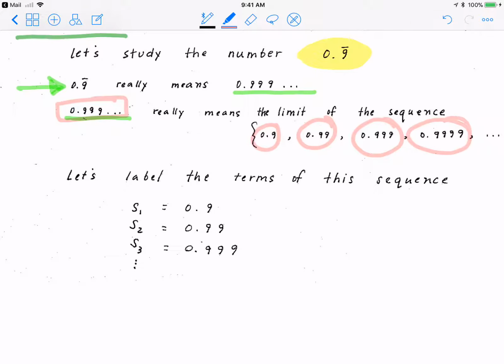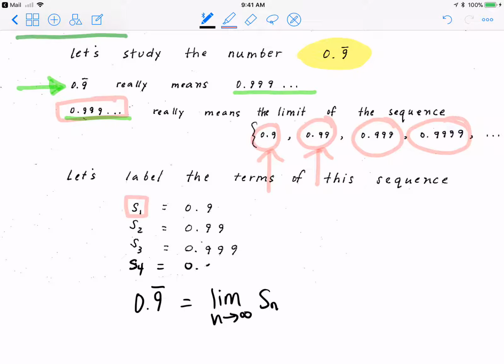So we can label the terms of this new sequence. The first term is S1, then S2, S3, S4, right? And so the idea is that 0.9 repeating is the limit as n goes to infinity of Sn.